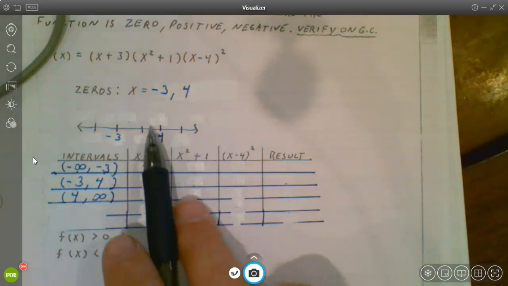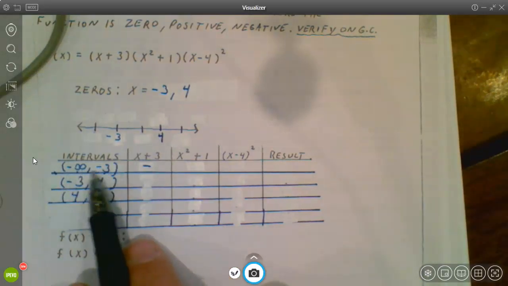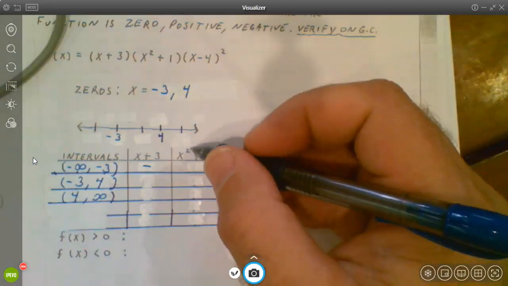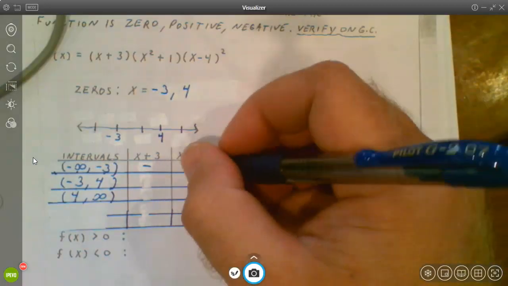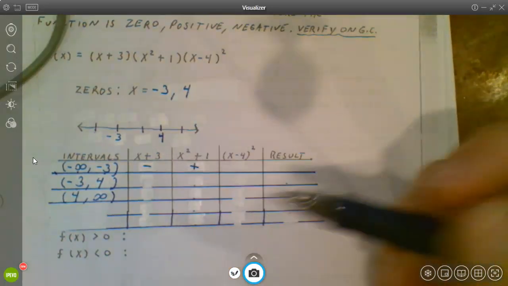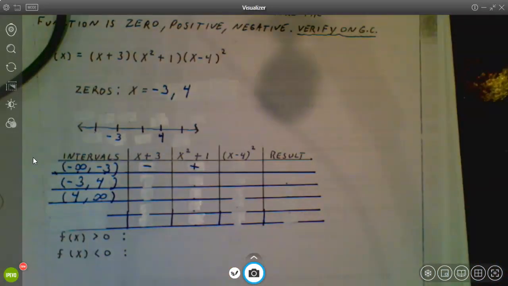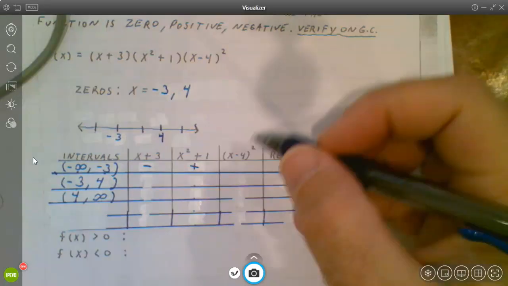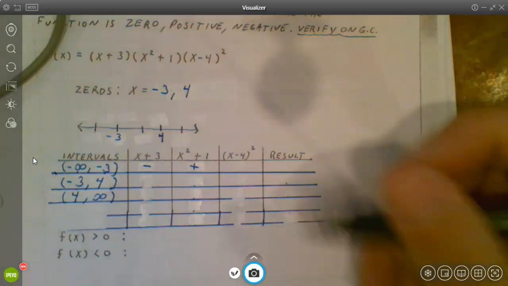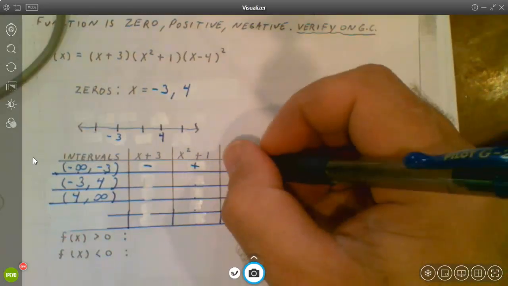If I pick the same number, -4, and put it into this factor, I'm going to square it and make it positive, so it would have to come out positive. -4 squared is +16 plus 1. And if I put it into the third factor, again using -4, -4 minus 4 is -8, squared becomes a positive.